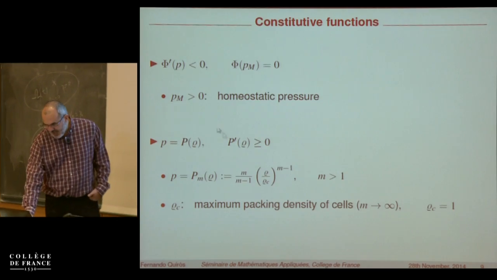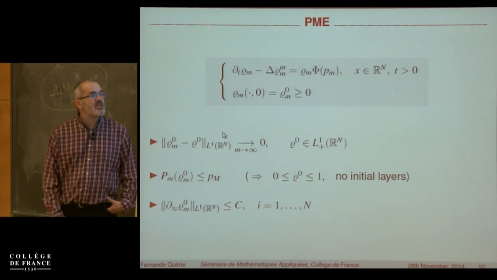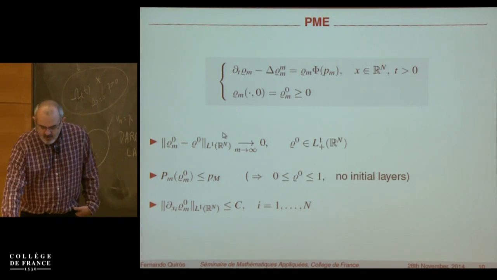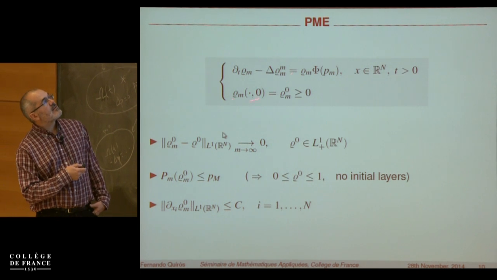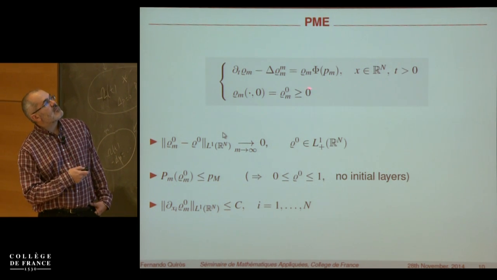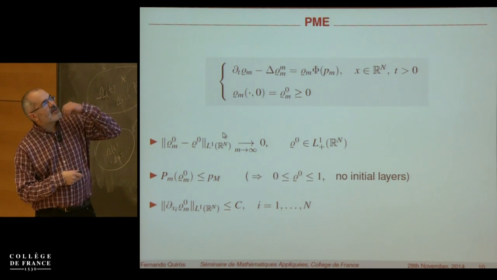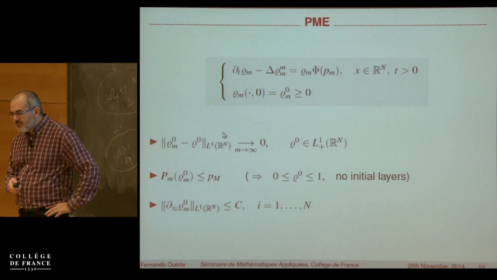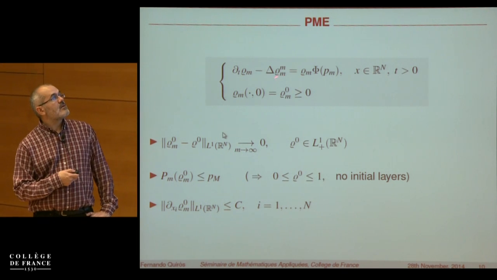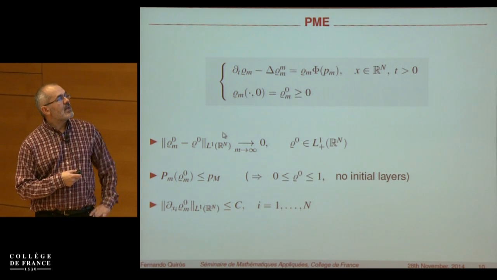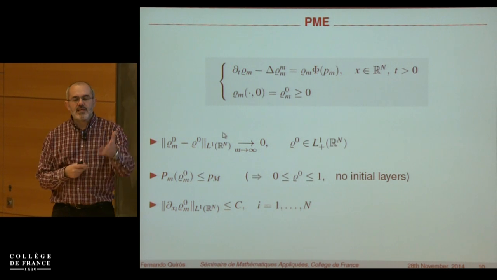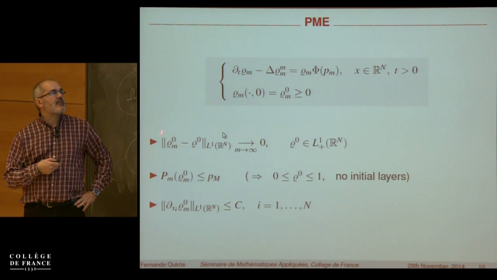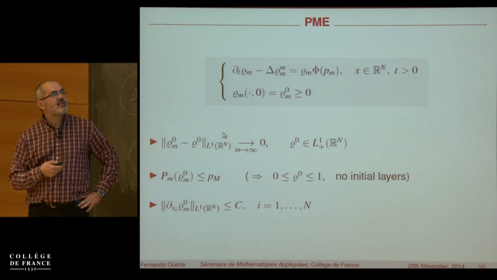So what we have, with this choice, is the well-known porous medium equation on this side with a reaction term. This is well-known. And we are letting m go to infinity, so we may even allow the initial data to move with m. But since we are looking for convergence, they have to behave well in the limit.